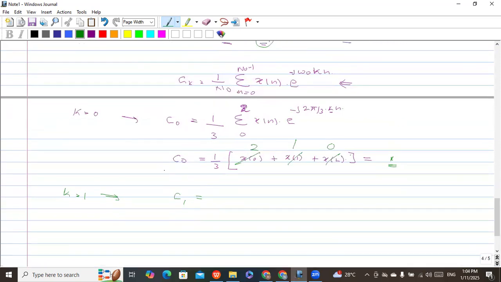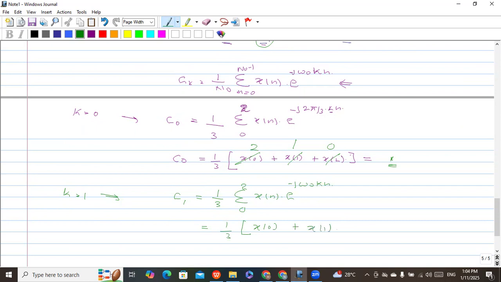So C1 will be 1 over 3, again 1 over n naught, the summation from 0 to 2 again, x[n] e to the power minus j omega naught k n. And you need to expand this again. So 1 over 3 is there. So x0, now k is 1, but again n is 0, so e to the power 0, it will be 1. So plus, now n is 1.